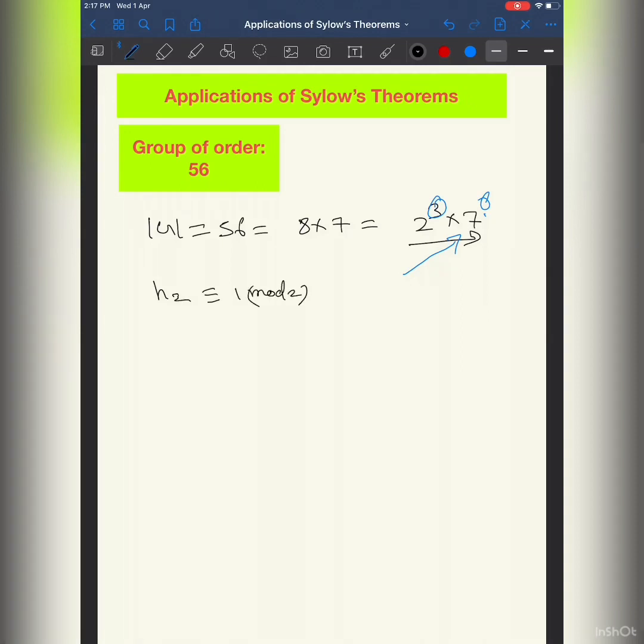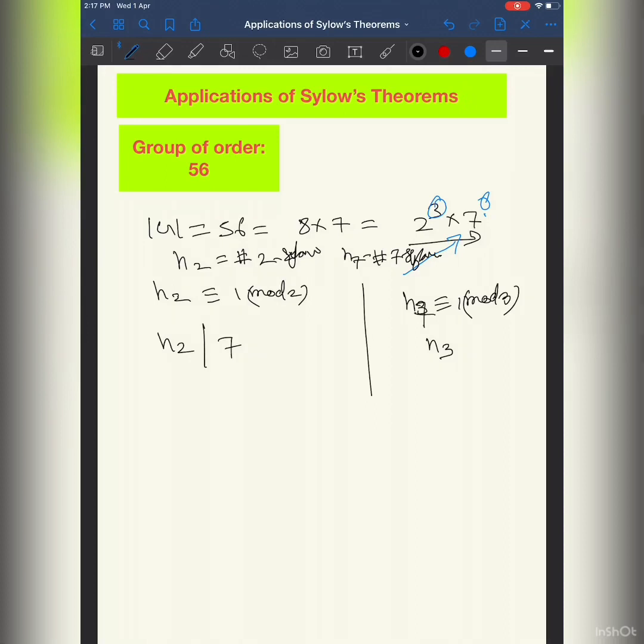N2 is congruent to 1 mod 2, where N2 denotes the number of 2-Sylow subgroups, and N7 denotes the number of 7-Sylow subgroups. N2 is congruent to 1 mod 2 and N2 divides 7. Similarly, N7 is congruent to 1 mod 7, and N7 divides 2 cubed.